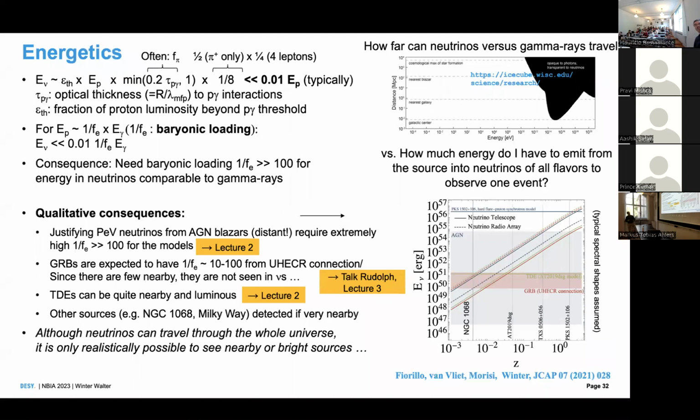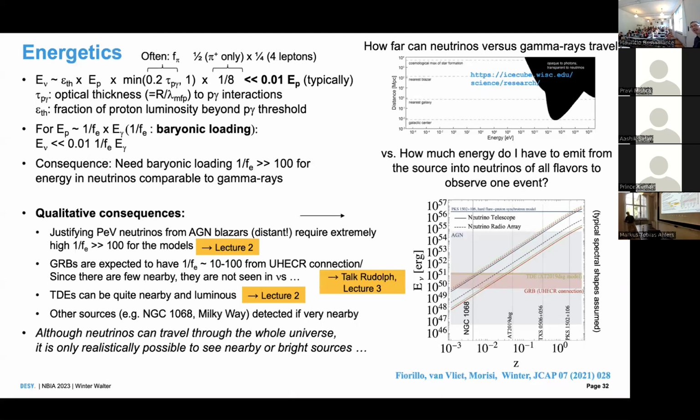This is related to energetics. If you wanted to look at the energy you need to actually power neutrinos, the energy going into neutrinos is related to the energy you have in protons in the first place, times a quantity which we have seen yesterday in a certain way already: the optical thickness to p-gamma interactions, for instance, or pp interactions.